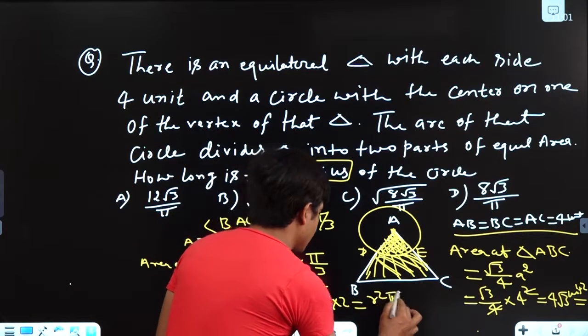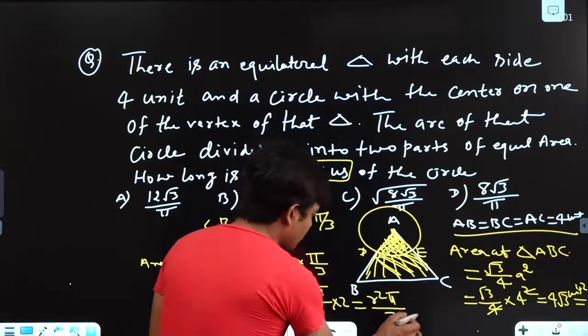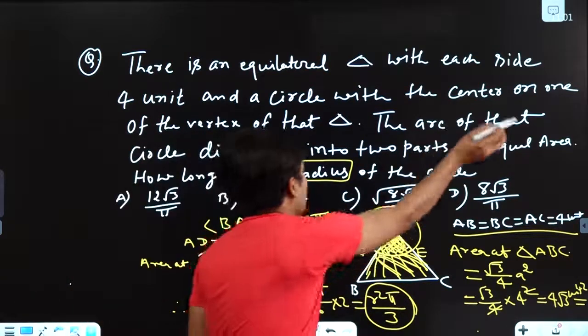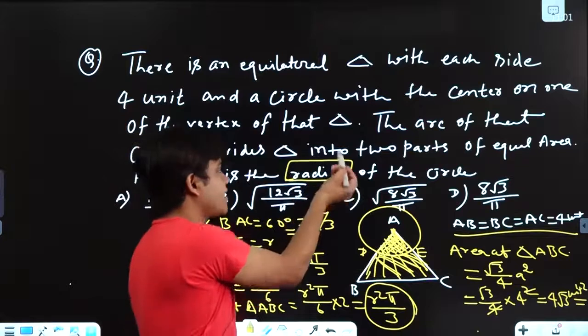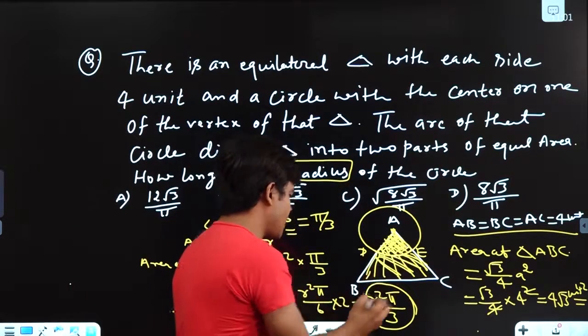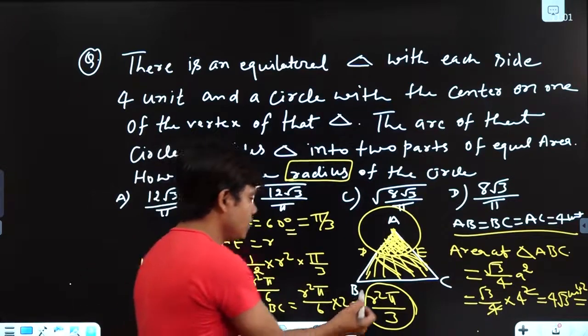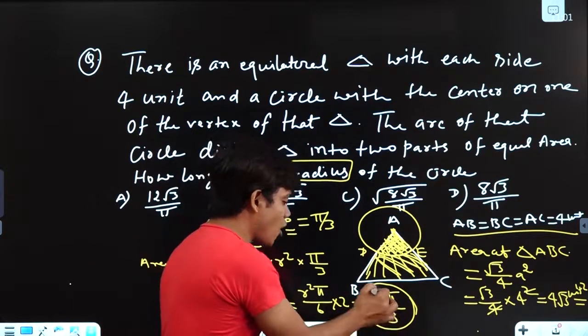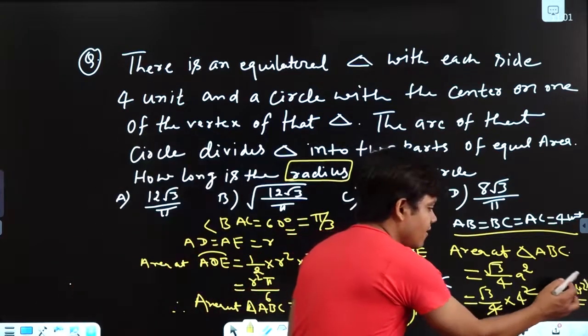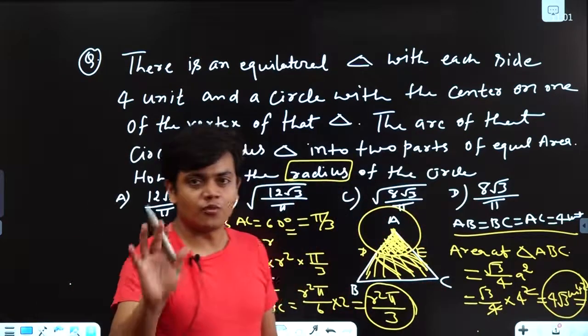R square pi by 3. So now this is the area of triangle ABC, because it was given that the arc of that circle divides triangle into two parts. So we have gotten the area of this part and we have multiplied it by 2. Then the area of triangle has been found in this form, R square pi by 3. So this is the area of the triangle ABC in one way.